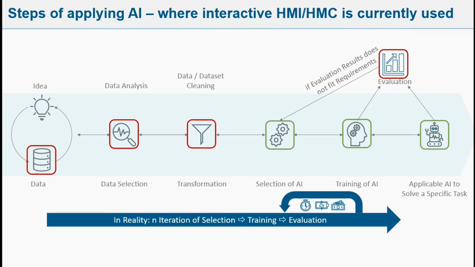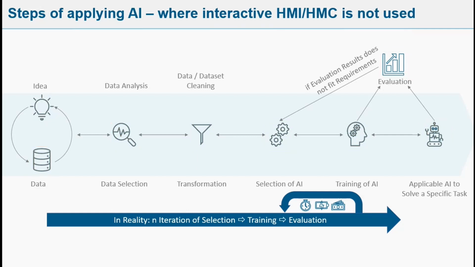For the evaluation, of course, we do have some metrics, we do have some graphs, as we know from TensorBoard or other things. For the data set cleaning, usually we go through the data set and try to find anomalies. For the selection, we have some supporting tools for selecting the data set, and so on.